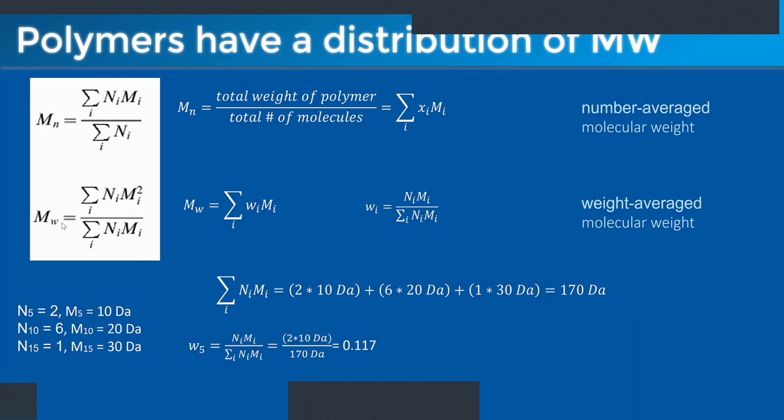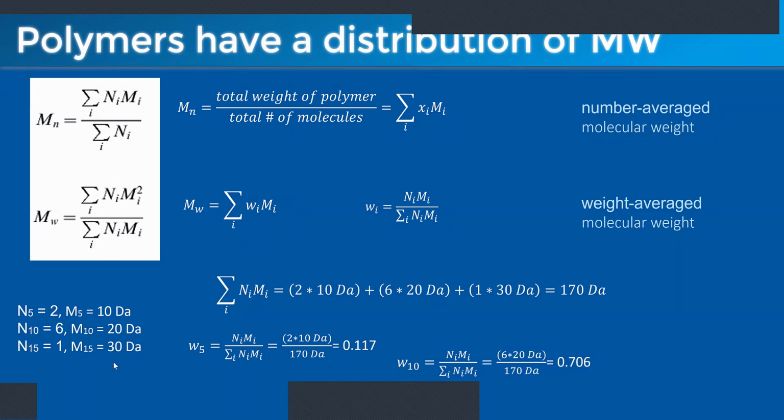And then for the weight average molecular weight distribution, I'm going to calculate the weight fractions of the different components of the mixture. So the weight fraction of the polymer with 5 mers, we're going to take the weight of that polymer, which is 20 Daltons, and then the weight of all of the polymer chains put together, which is 170 Daltons, and calculate the fraction there.